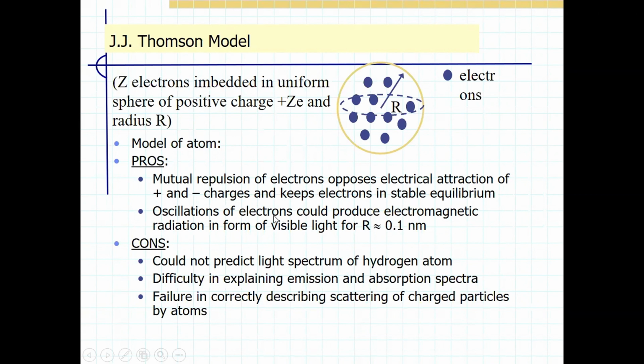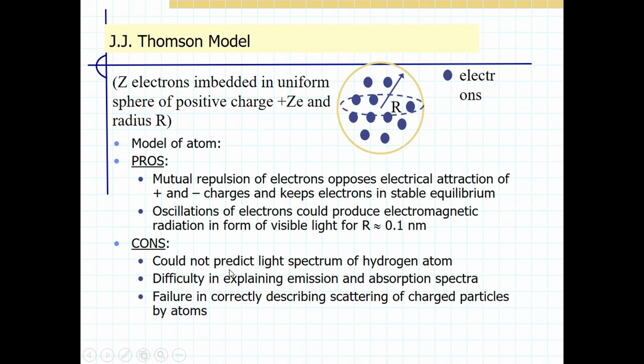But if the electron starts oscillating and moving around, then it is going to produce electromagnetic rays. We know from classical electricity and magnetism that moving charges produce light. So there must be visible light. The oscillation of electrons will produce continuous light, and it will then finish the atom.